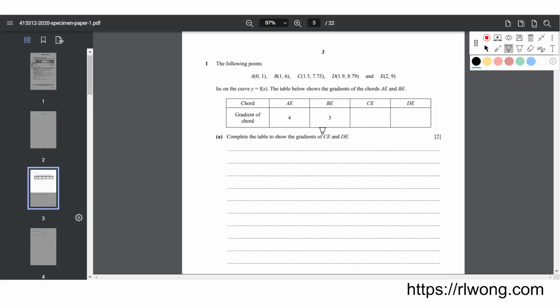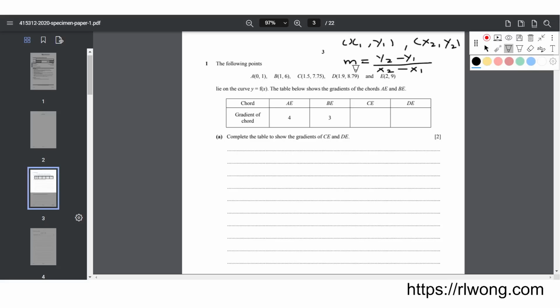So basically, finding the gradient between 2 points, it is y2 minus y1 over x2 minus x1. So for example, if you have a point (x1, y1) and (x2, y2), the gradient is equal to y2 minus y1 over x2 minus x1.